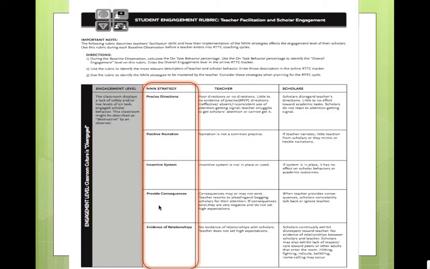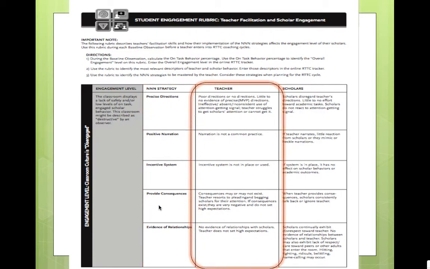We will be looking to see how both teacher and scholars respond to the use of the no-nonsense nurture strategies. We will take our baseline collection data form and first look to see how the teacher is using the no-nonsense nurture strategies. In this example of disengaged, we see that the teacher is not giving clear directions.